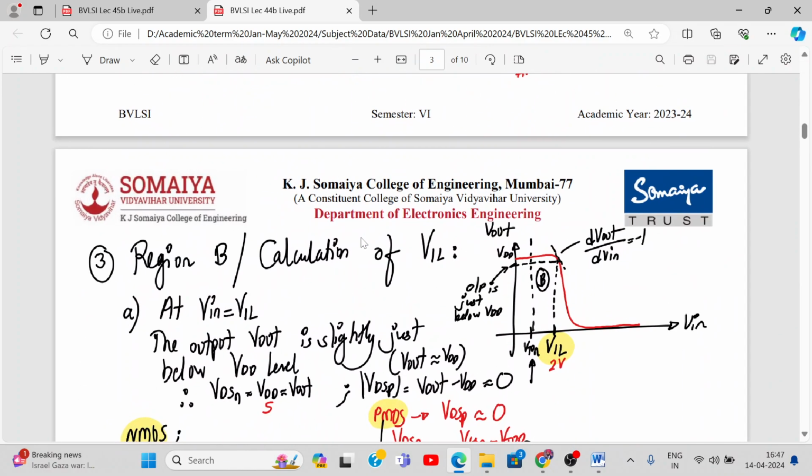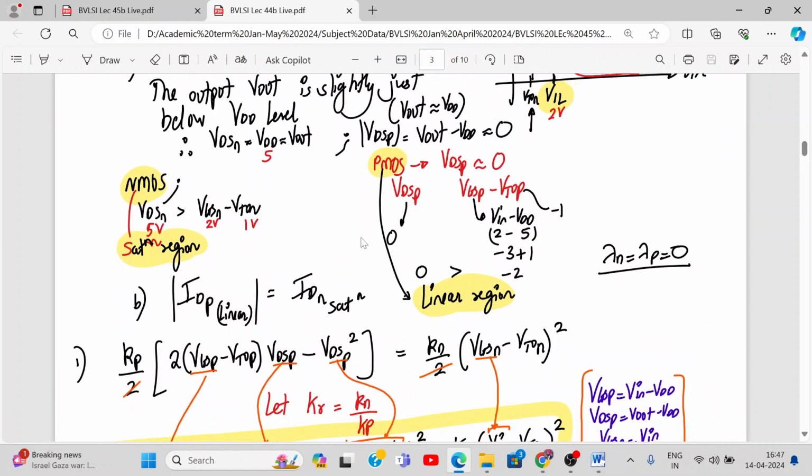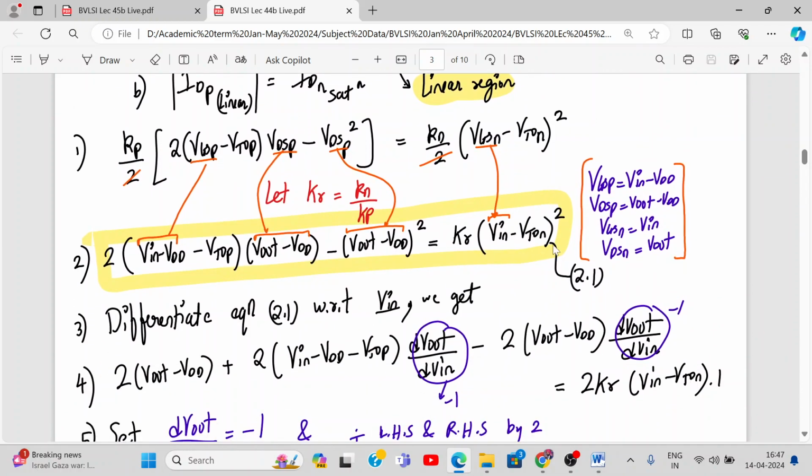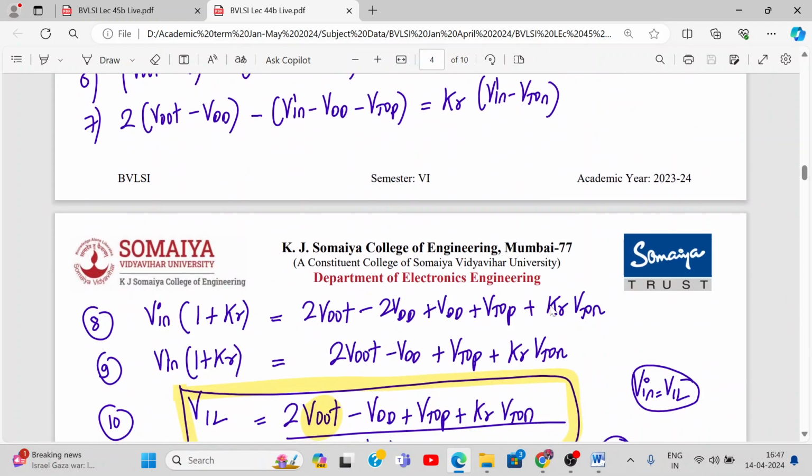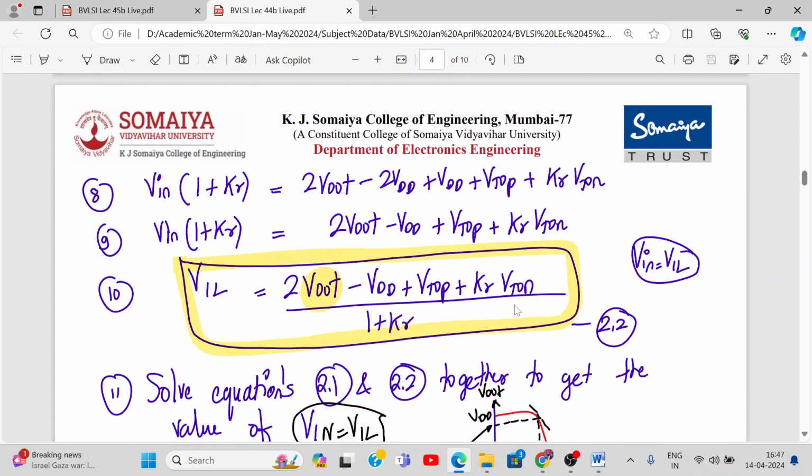This was the derivation for VIL, and at the end we got one formula which we will be using. VIL is twice V out minus VDD plus VTOP plus KR into VTON, divided by 1 plus KR. So let us write this formula down.